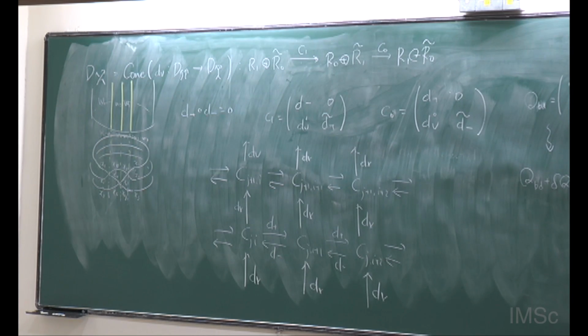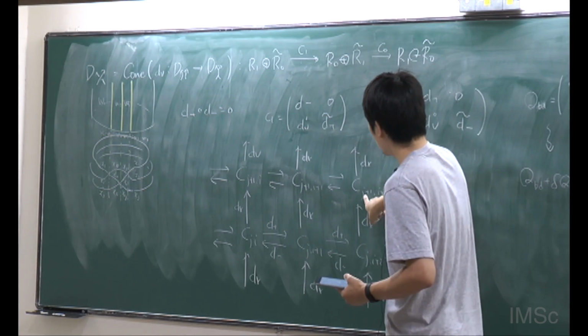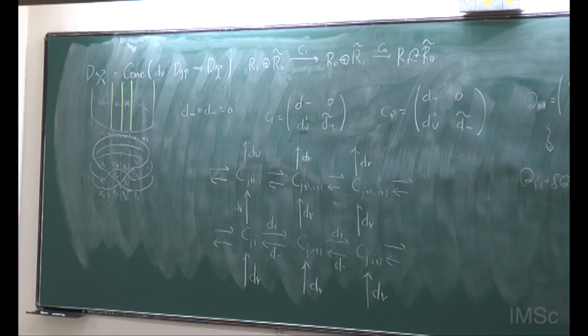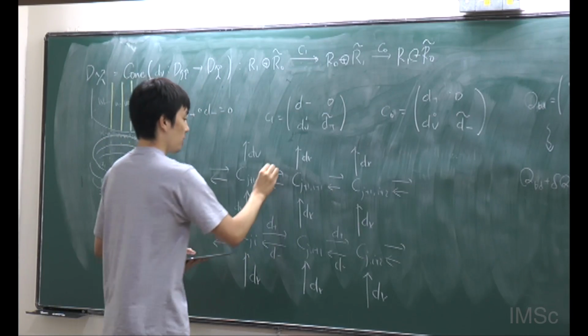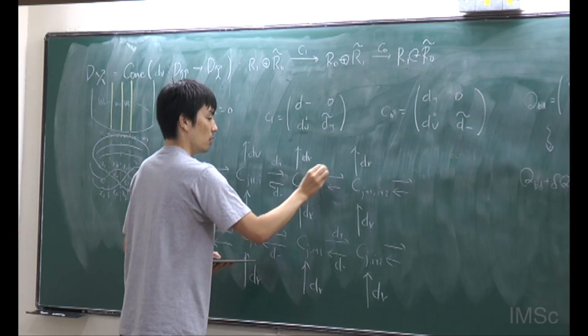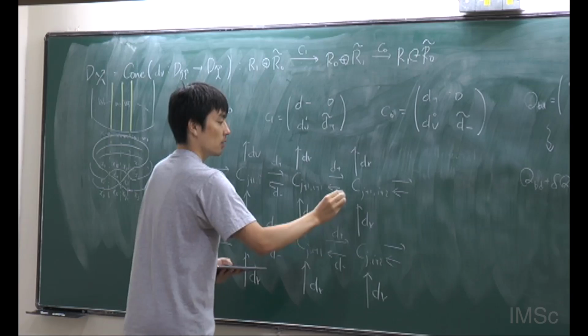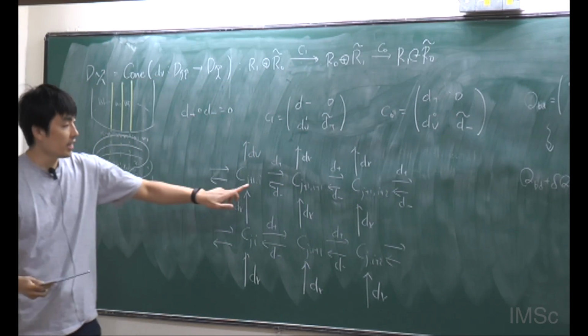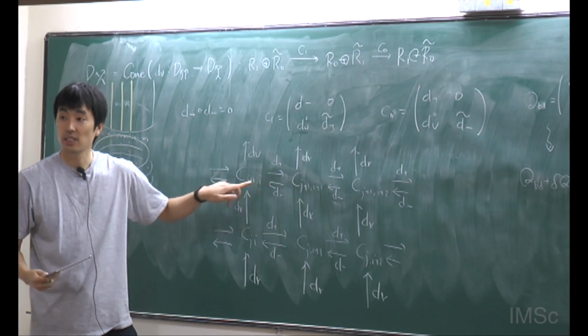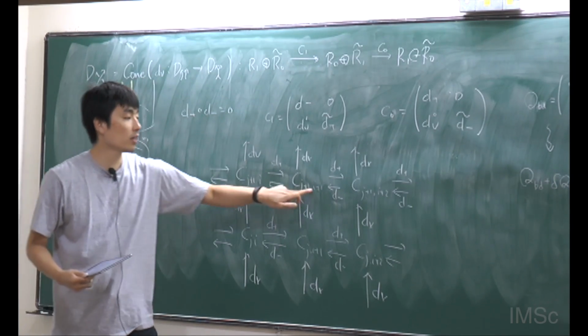The J grading is given by the grading in the vertical direction, and the I grading is given by 0 and 1, D plus and D minus. So the second grading is Z2 graded: 0, 1, 0, 1, and so on.